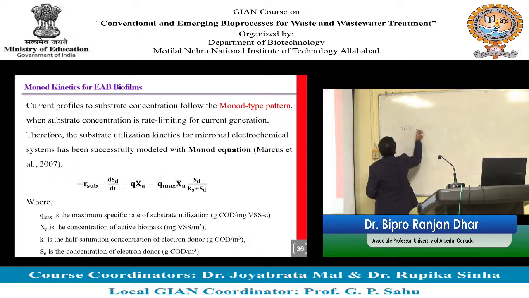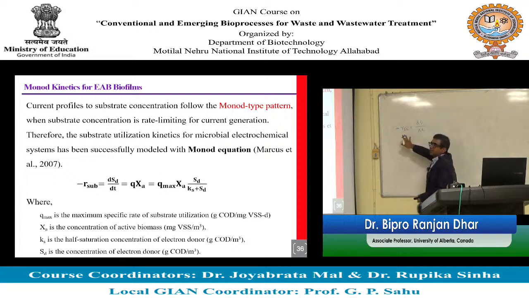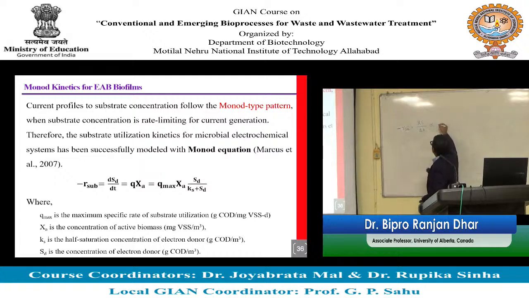So RSU equals, basically dS by dt. I can put either minus here or minus here, it doesn't matter, it's decreasing over time, which is proportional to the concentration of biomass, right?